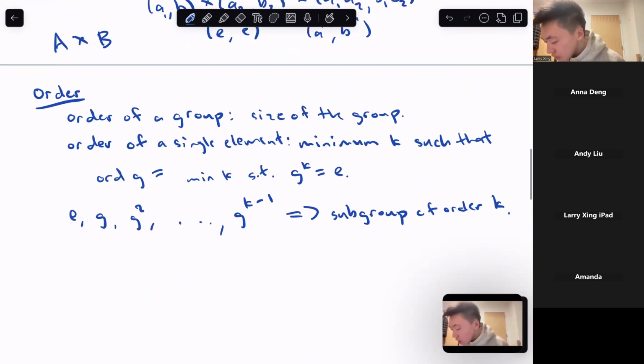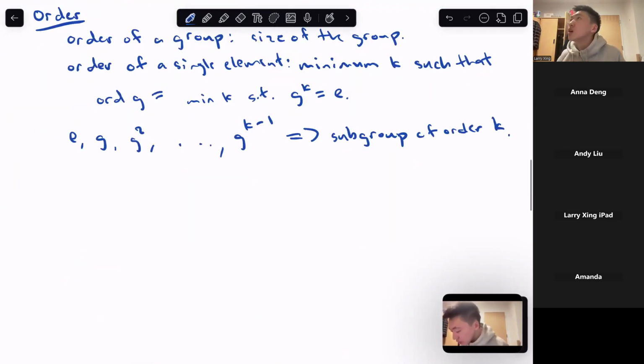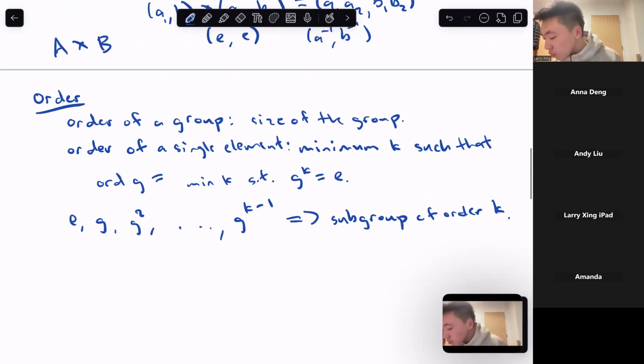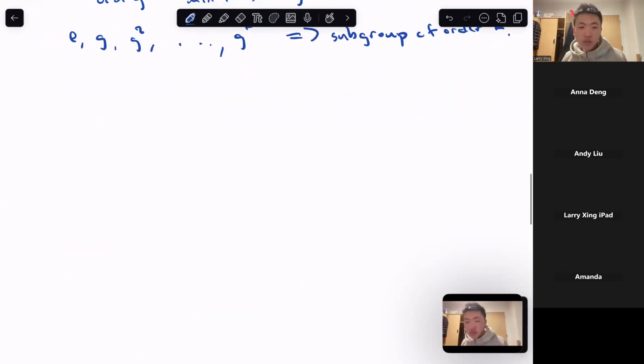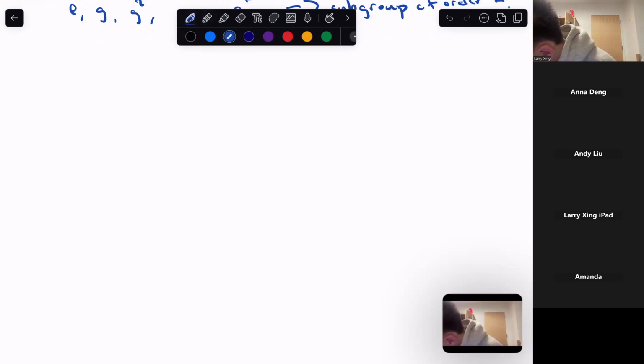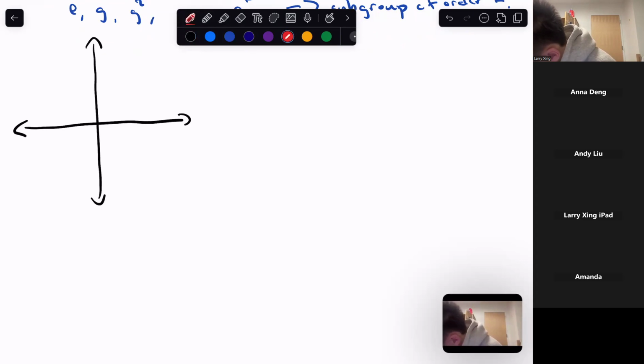Okay, so now let's give some more abstract examples of why classifying groups like this might actually matter. Suppose we had a square, and let's color different corners of the square different colors.